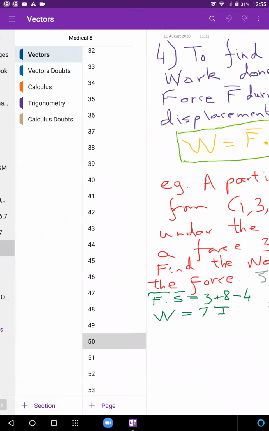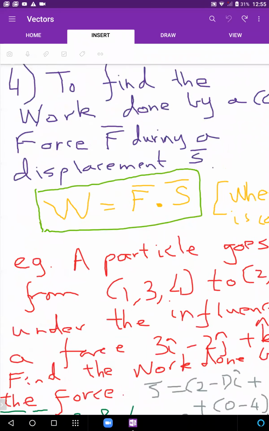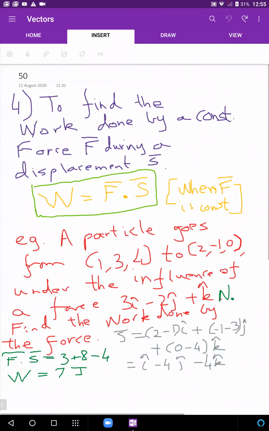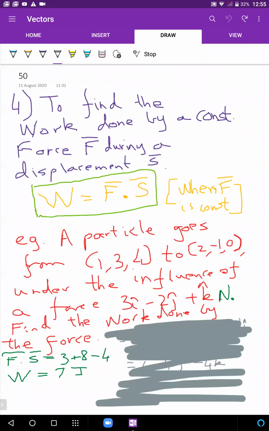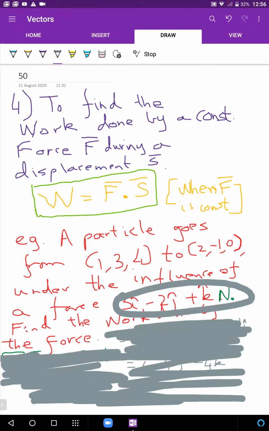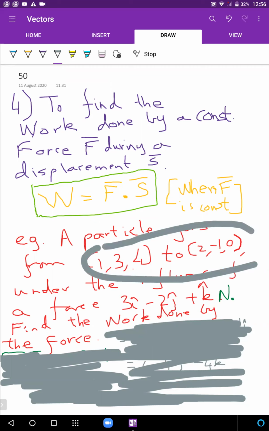Okay, इसको करने के लिए एक example देता हूँ. तो देखो example में क्या दिया है? I am telling you a particle goes from, कहाँ से कहाँ जा रहा है ध्यान से देखो. It goes from 1, 3, 4 to 2, -1, 0 under the influence of a force. तो मैंने तुम्हें फोर्स दे दिया. ऐसा लग रहा है कि मैंने डिस्प्लेसमेंट डायरेक्टली दिया नहीं. तुम इस इंफॉर्मेशन से डिस्प्लेसमेंट वेक्टर निकालो.